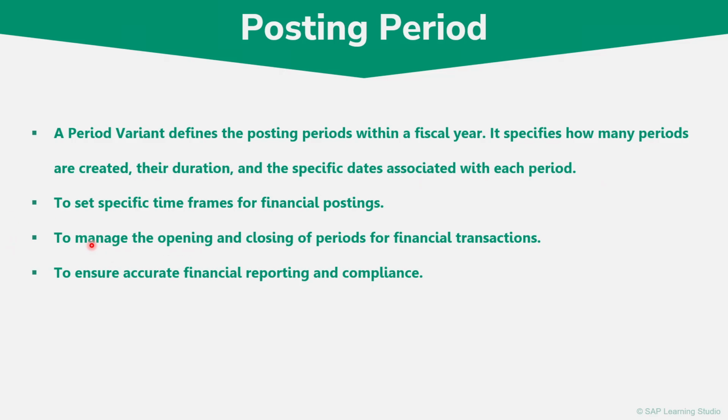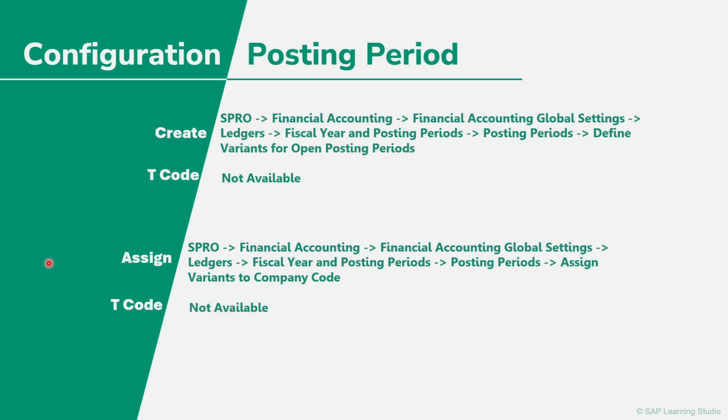The posting period is used to manage the opening and closing of the periods for financial transactions. This is very important. In the fiscal year we don't select to close and open the period; instead, the posting period does that. So again, we need to create a posting period variant and assign it to the company code.